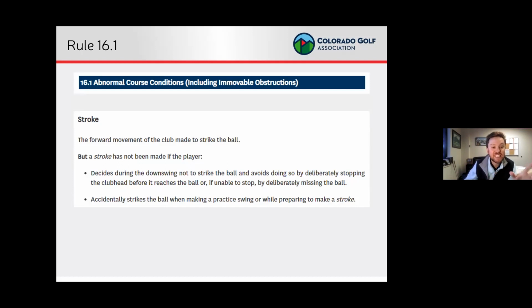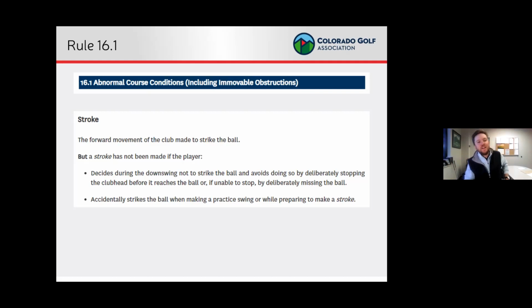It says, but a stroke has not been made if the player decides during the downswing not to strike the ball and avoids doing so by deliberately stopping the club head before it gets to the ball, or if unable to stop, by deliberately missing it, swinging over top of it, or accidentally strikes the ball when making a practice swing or while preparing to make a stroke. So you're on the tee, you're swinging, you're warming up there, and you accidentally hit it. You haven't made a stroke at it because it's a deliberate action to hit and move the ball.